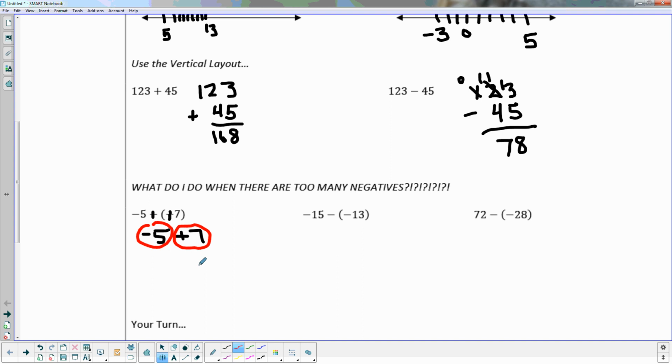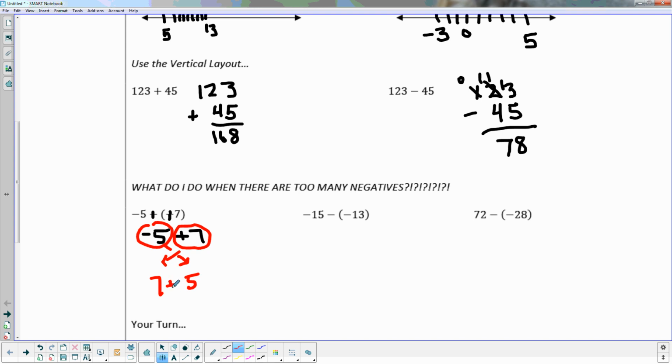Okay, and the way I actually think about those is I just want to combine those. What happens when I push those two numbers together with addition and subtraction? So if I wanted to switch places with these, I'd get 7 minus 5. That's a nicer way to say it.